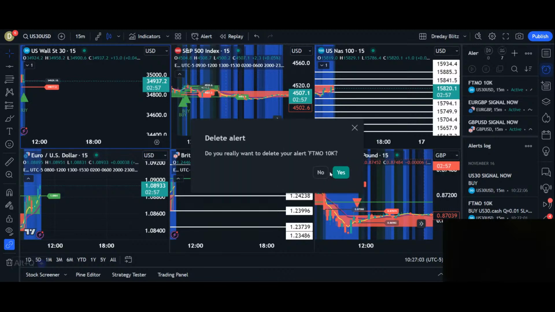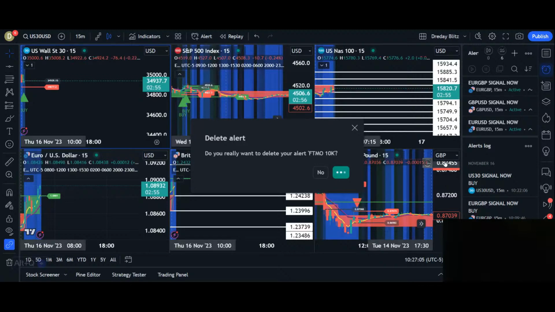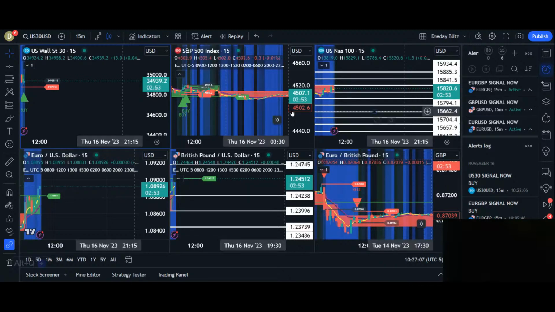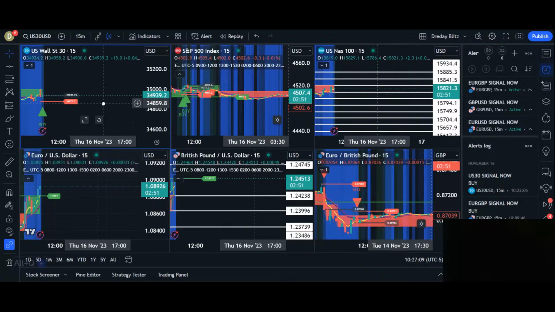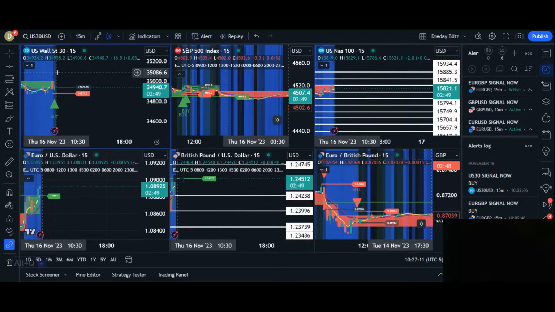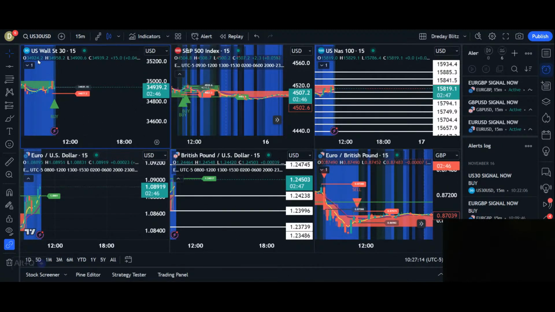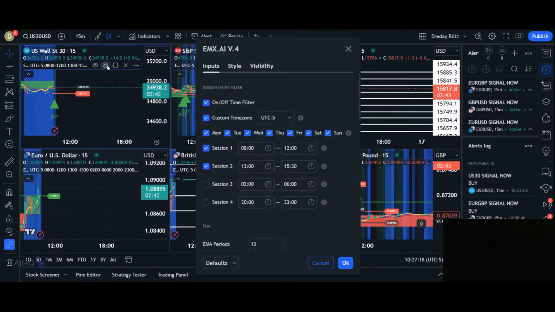So I'm currently in the background testing out some automation for the signal.